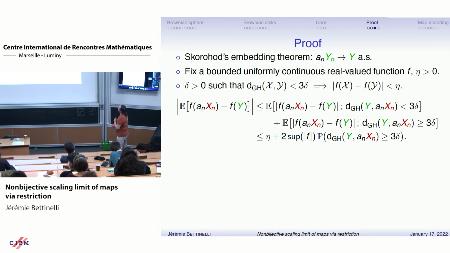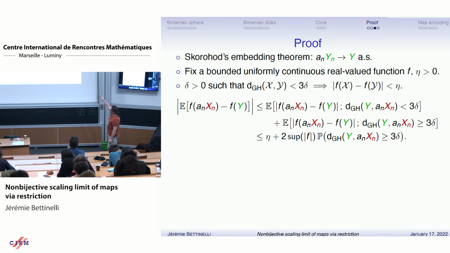Let me quickly tell it. So first of all, you assume that you have convergence almost surely instead of in distribution, with the Skorokhod embedding theorem. And you take a uniformly continuous function f. So you want to bound this.